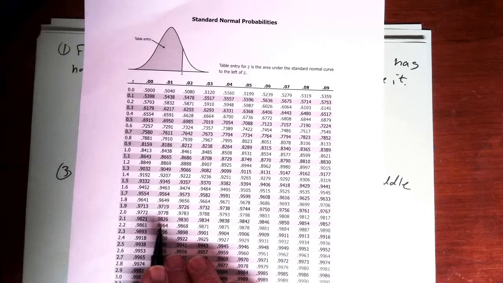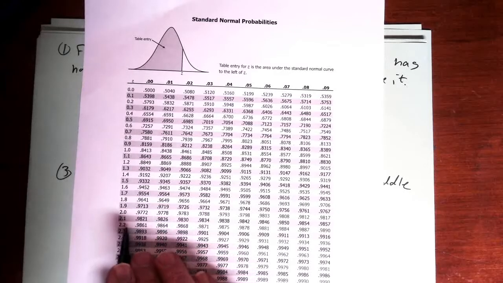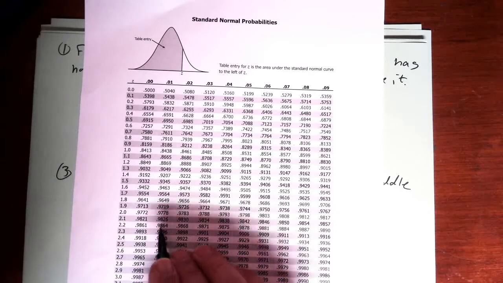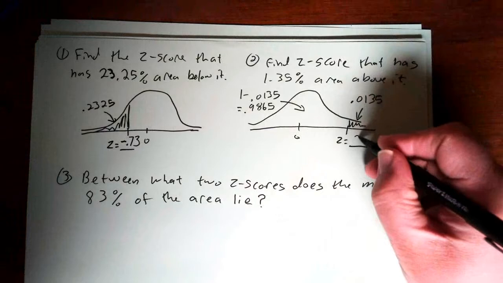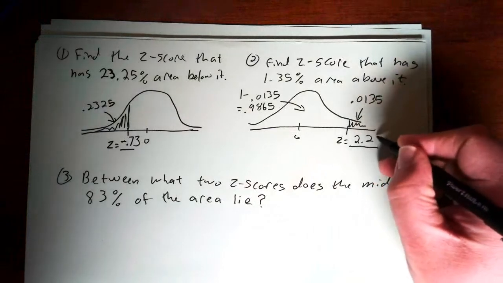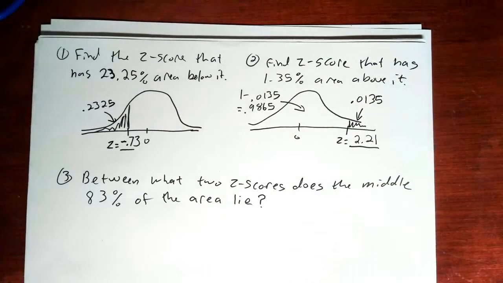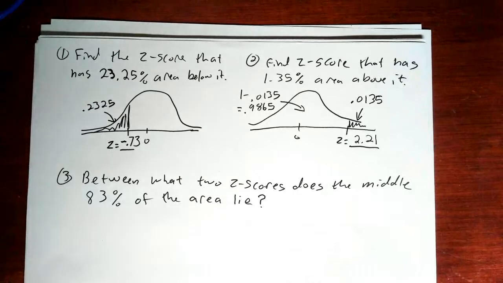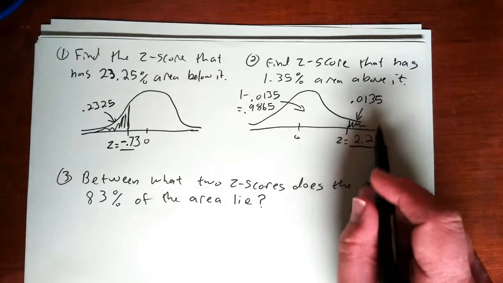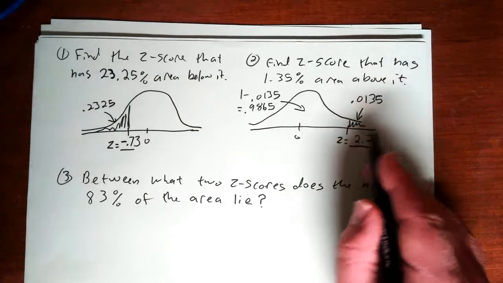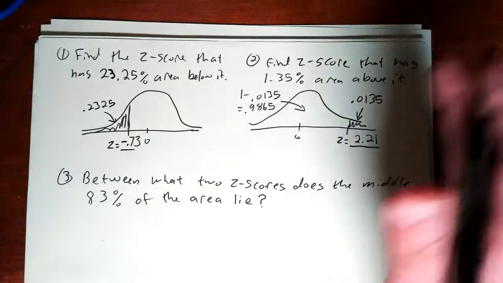That's the closest, and we get 2.2, and up above is 0.01. So this is a positive 2.21, and that would be the z-score to the nearest hundredths that has 1.35% of the distribution above it.